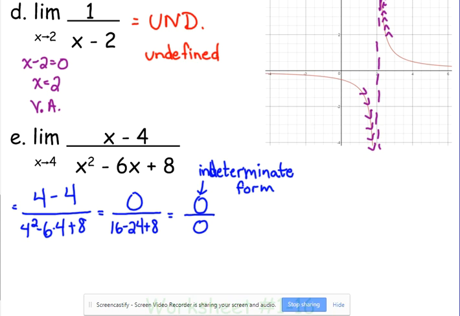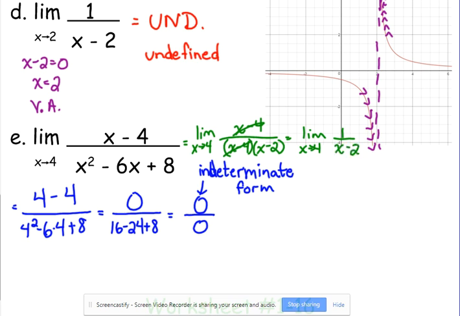So the top is factored. I'm going to keep my limit notation here because I haven't actually evaluated it yet. The top is what it is. We can factor the bottom, x minus 4 times x minus 2. So we're in luck. The factor of x minus 4 cancels out. So we are left with the limit as x approaches 4 of 1 over x minus 2.